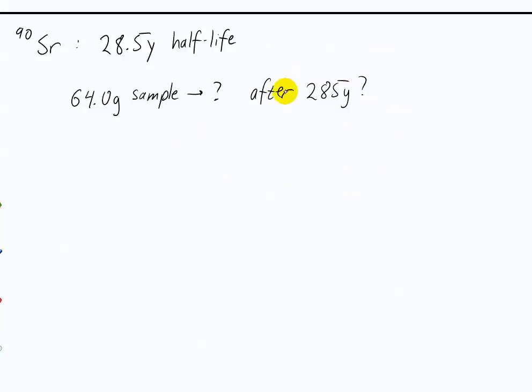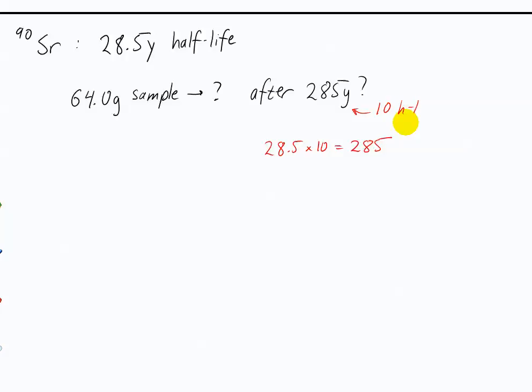The first thing you have to figure out is how many half-lives is 285 years, which is how many? That's 10 half-lives. All right, 28.5 times 10 is 285. So this must be 10 half-lives.